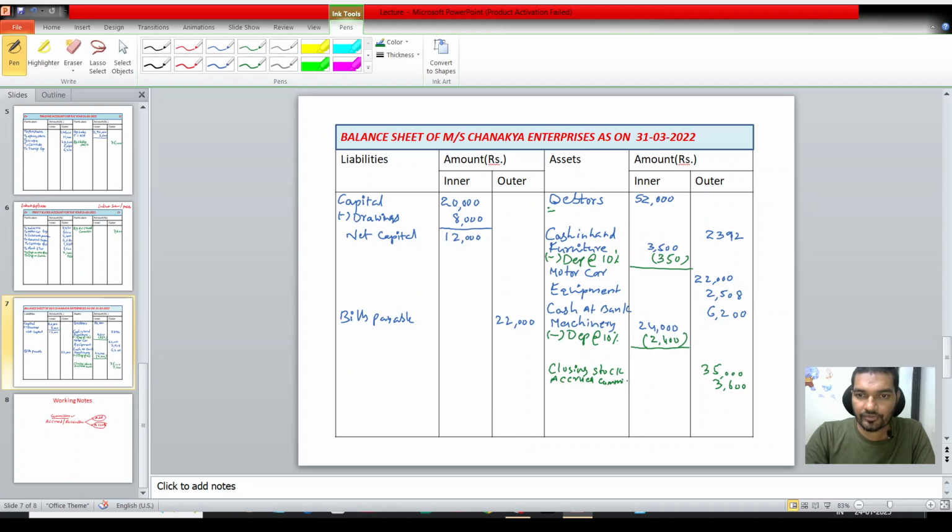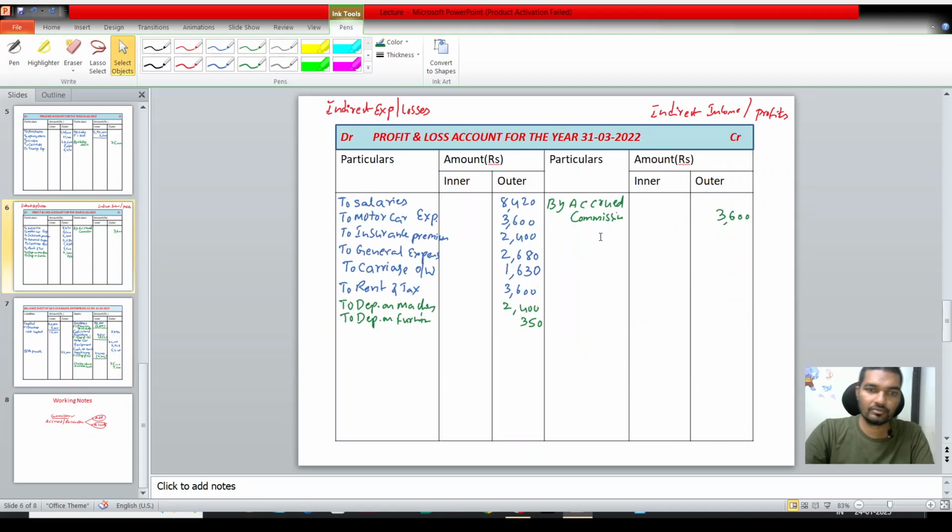So minus provision for bad debts at 5%. For 10% it is 5,200, for 5% it is 2,600. Again this 2,600 rupees bad debt is a loss.